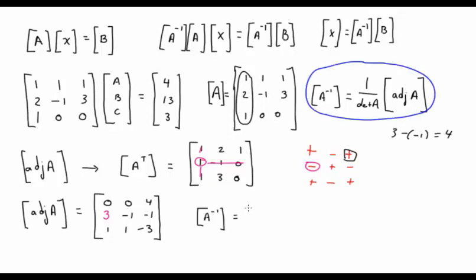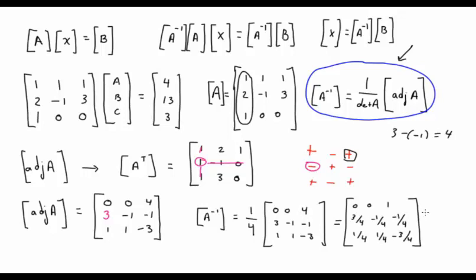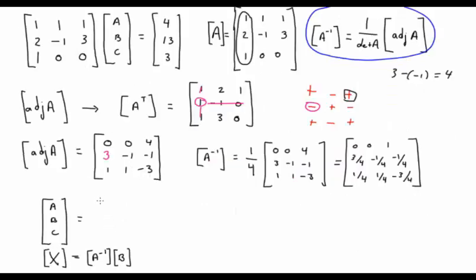And now the inverse of matrix A is 1 over the determinant. We found that the determinant was 4, times this adjugate matrix. And if we multiply that out, we simply multiply the 1/4 times all of the components, resulting in this matrix here. Our final step here is to find our matrix X, or matrix ABC, and that's going to be the inverse, which we calculated here.